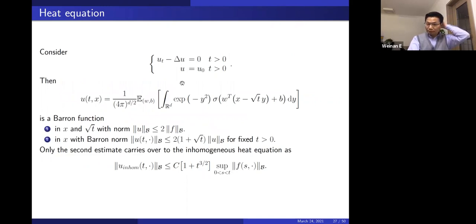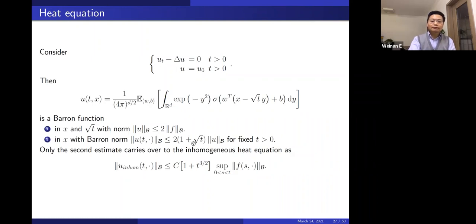And for the heat equation, you can write down the solution, and it's pretty straightforward to check that if we view it as a function of x and square root of t, as independent variables, then we have this estimate. And if we view it as a function of x only, with t as a parameter, then we have this estimate, where you have a coefficient that depends on square root of t.